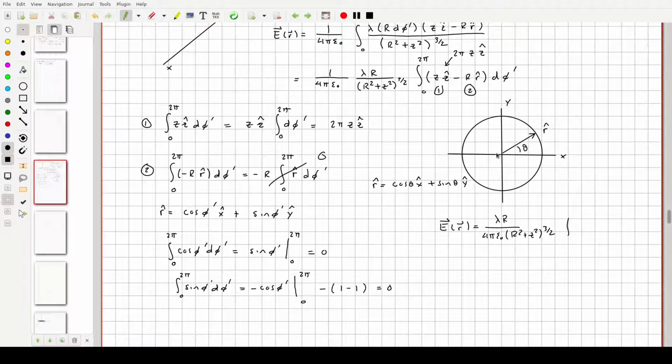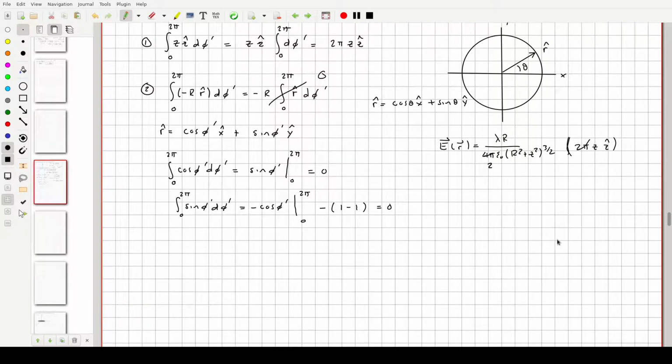And then you have to multiply it again by what we got when we did our integral, which was 2 pi z hat. 2 pi here is going to cancel out that and leave you a 2 there. So here you have lambda r z over 2 epsilon naught times r squared plus z squared raised to the 3/2 power. And this is in the z hat direction. So this is your electric field.